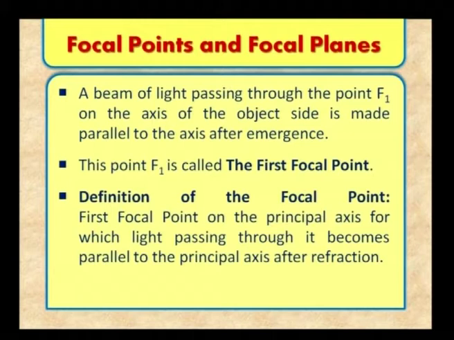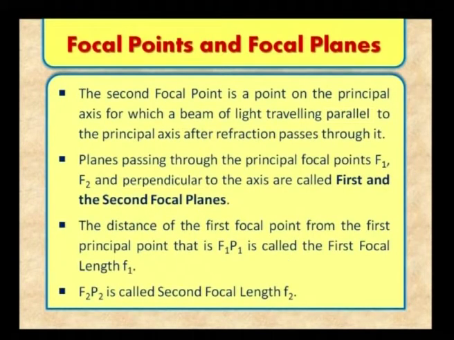The second focal point is a point on the principal axis for which a beam of light travelling parallel to the principal axis passes through it after refraction. Planes passing through the principal foci F1 and F2, perpendicular to the axis, are called first and second focal planes. You have in lenses two principal focal lengths, F1 and F2, and in general, in the case of thin lenses, F1 will be equal to F2.